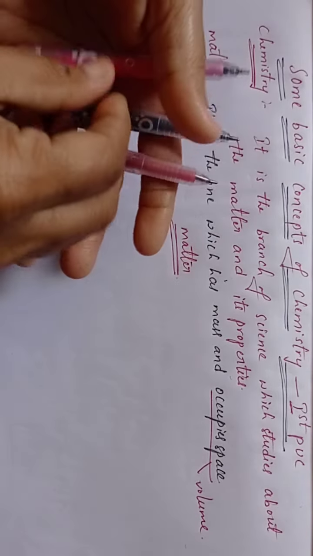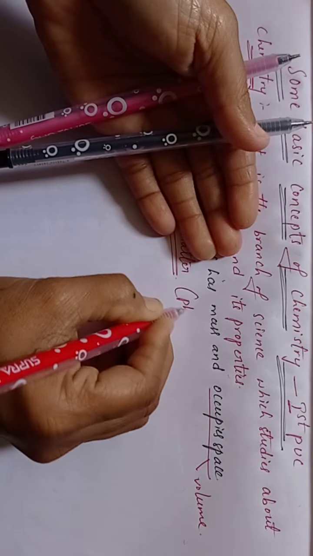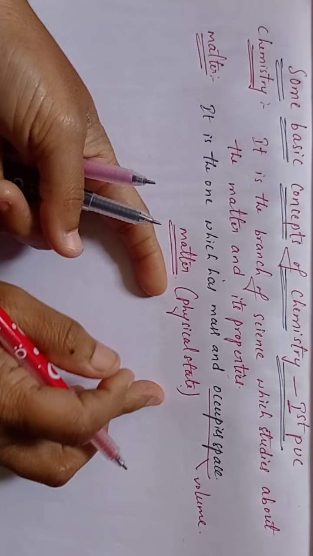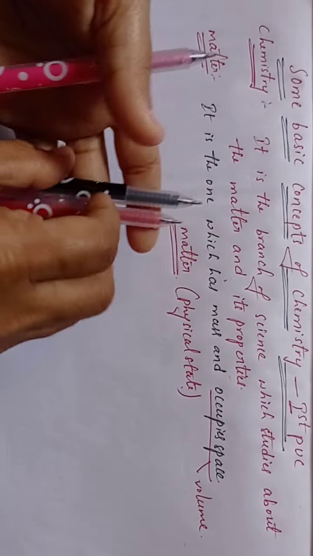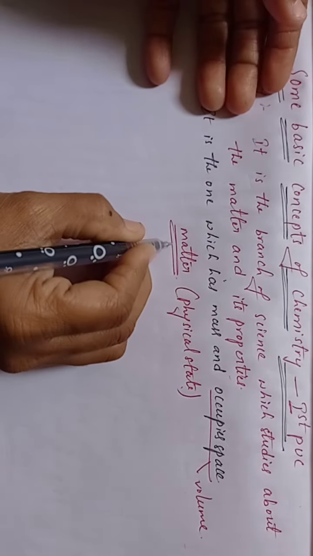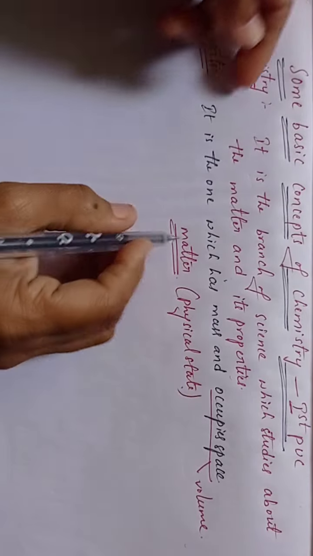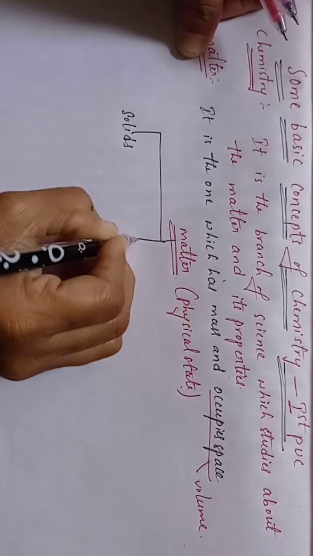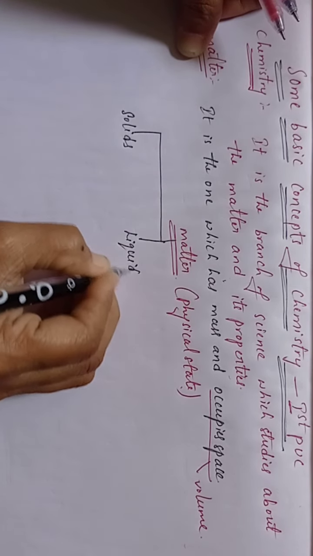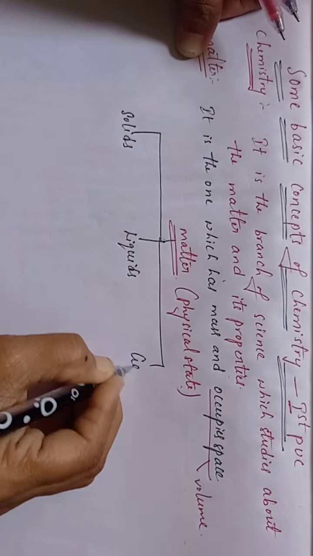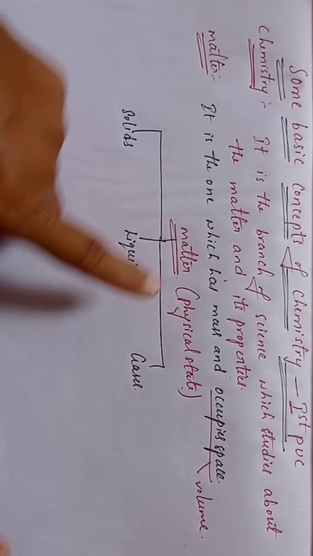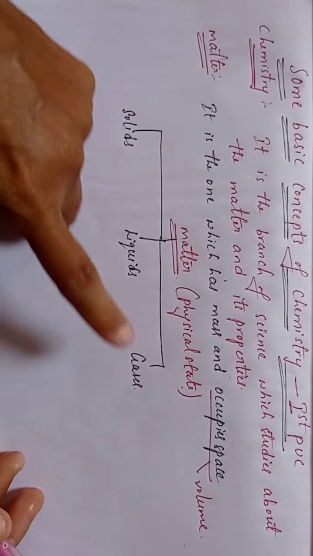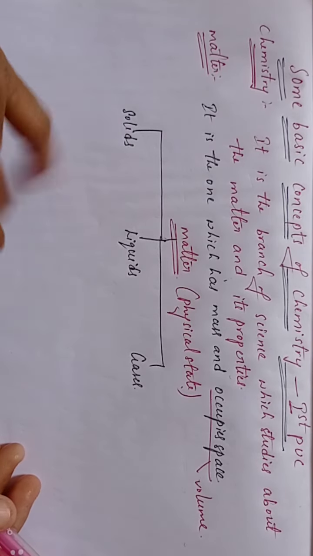On the basis of physical state, matter is classified into three types: first one is solids, next liquids, last gases. Clear? Solids, liquids, gases.